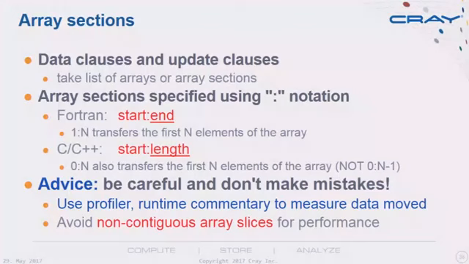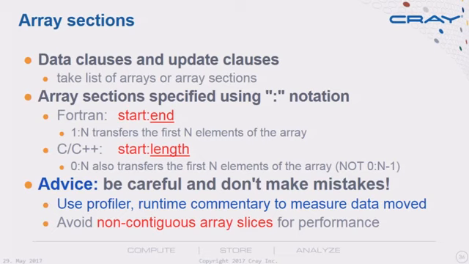As I shortly mentioned already, we do not need to copy the whole array. We can also copy subparts of the array. There we have to pay a bit of attention because that is different between Fortran and C, C++. In Fortran, we really define the start and the end of our array.